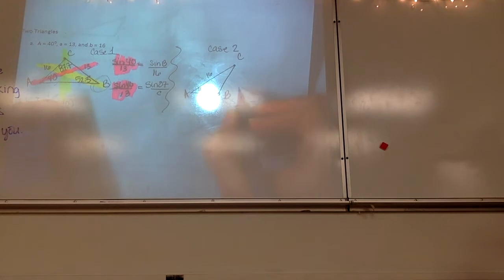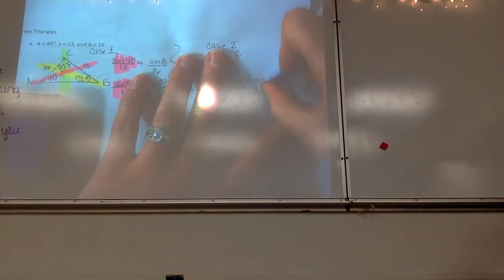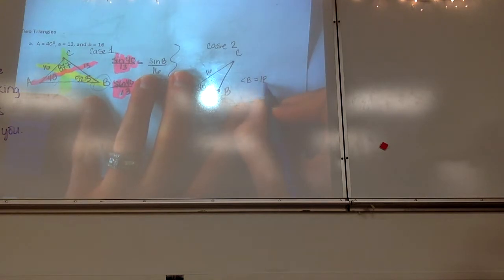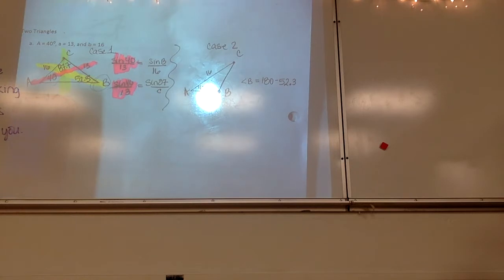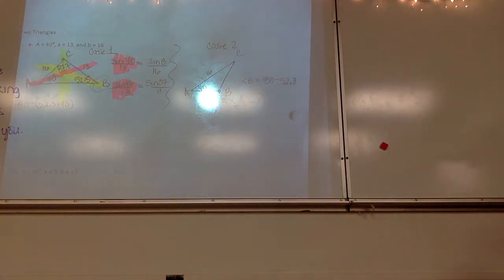So angle B is equal to 180 minus 52.3. So 180 minus 52.3 gets us what? Harper, you on it? What is it? 127.7. Okay, thanks.